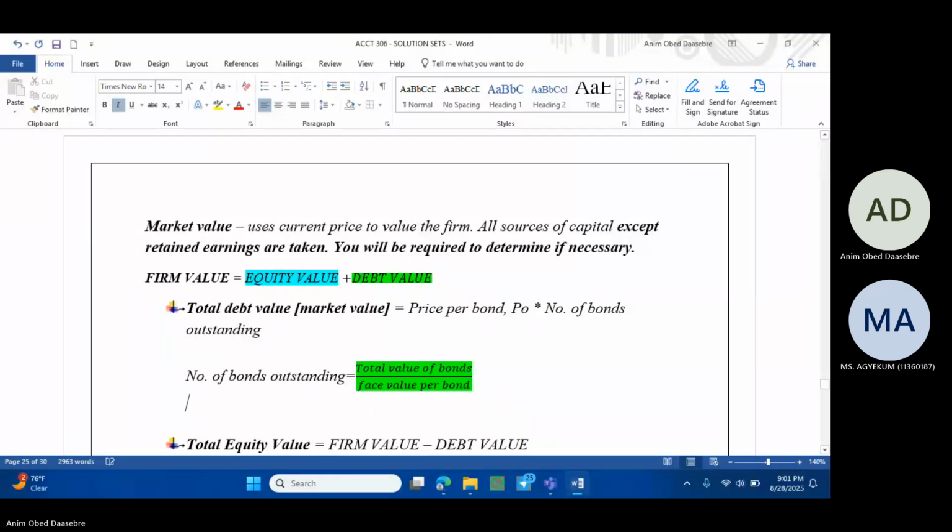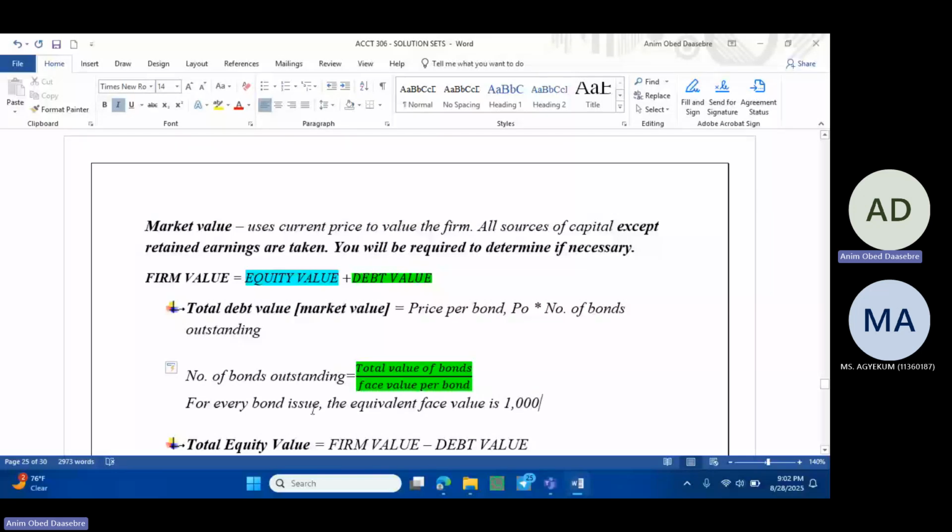So for every bond issue, the equivalent face value is 1,000.